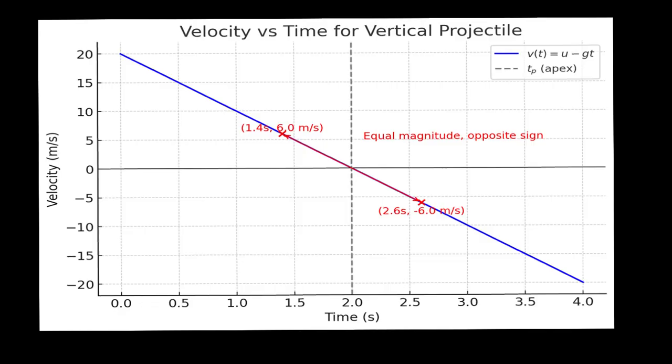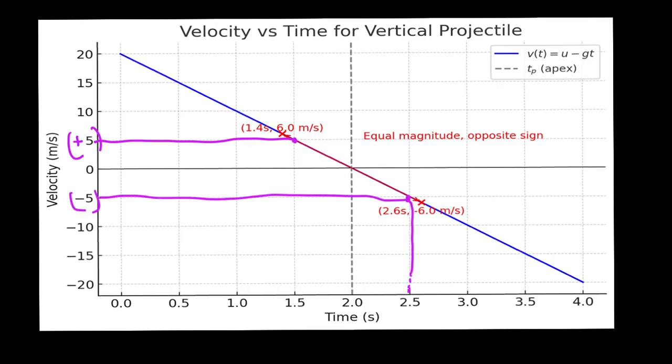Yeah, that would be a better way of comparing, right? So at time equal to 1.5 seconds, the velocity corresponds to plus 5. At 2.5 seconds, the velocity corresponds to negative 5. So this is what we mean by symmetry of velocity.